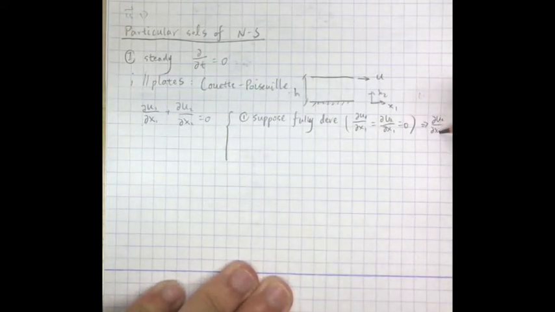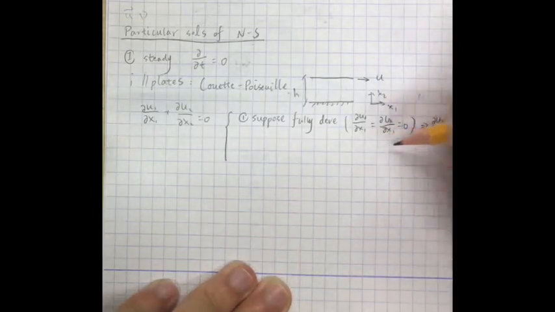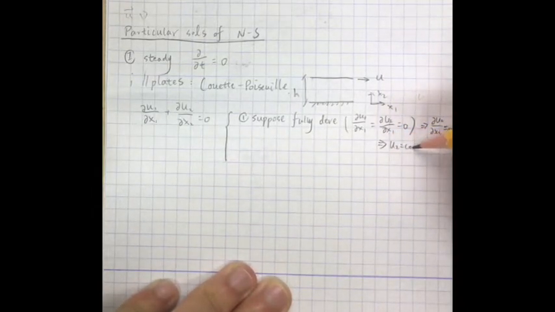This thing must be 0. But if du2/dx2 equals 0 and also du2/dx1 equals 0, that means u2 doesn't change with neither x1 nor x2, right? This means u2 can only be a constant. So we have the conclusion that u2 is just a constant.